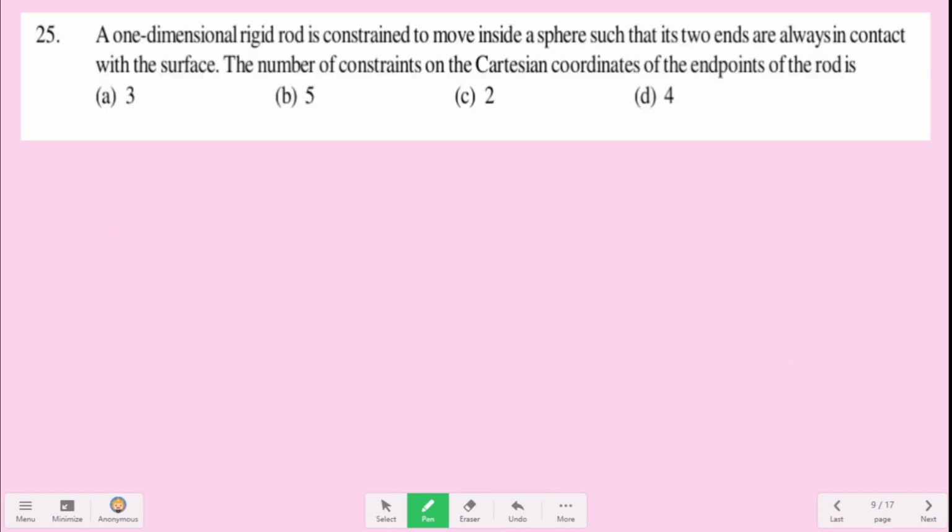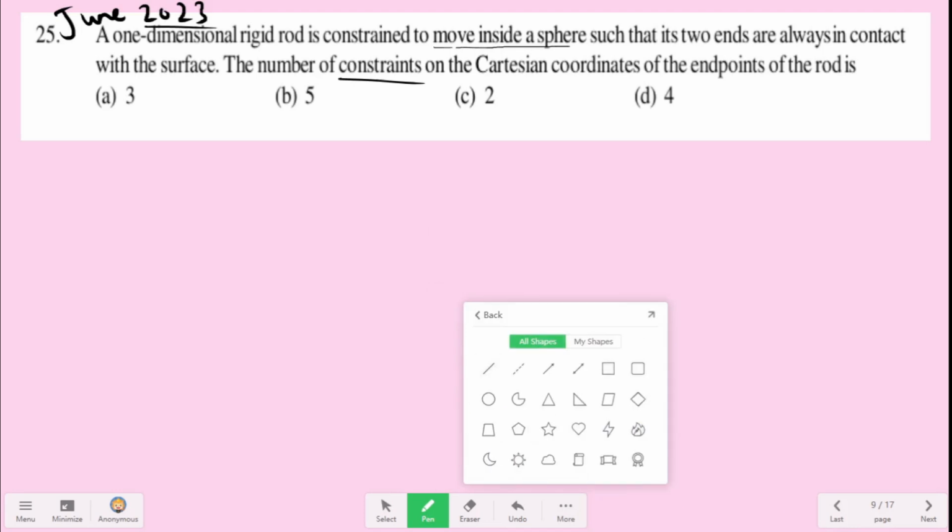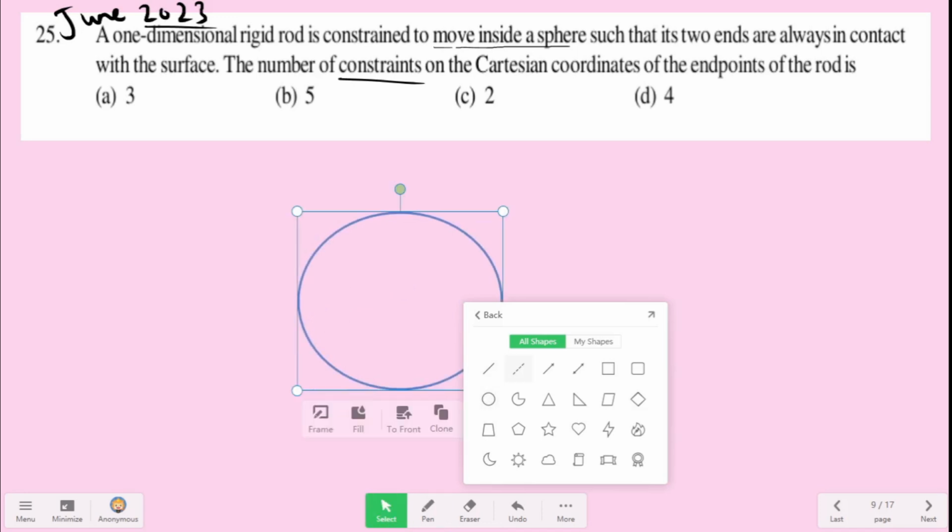Now let us move on to another problem related to constraints. This was asked in June 2023 NET exam. Here we have a one-dimensional rigid rod. It is constrained to move inside a sphere. So we have a sphere here, and there is a rod.